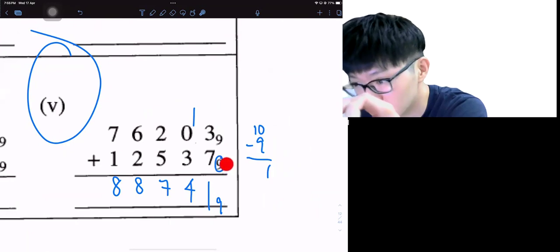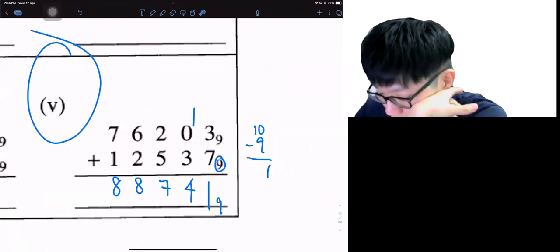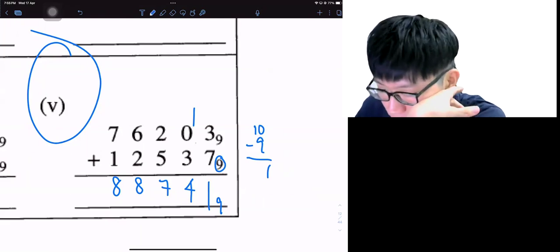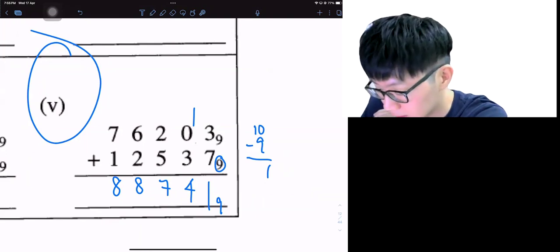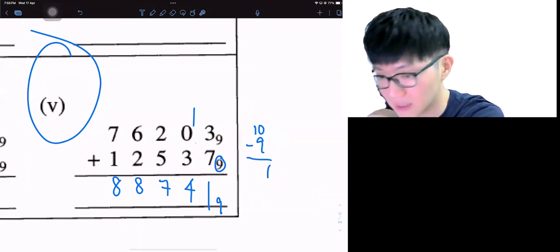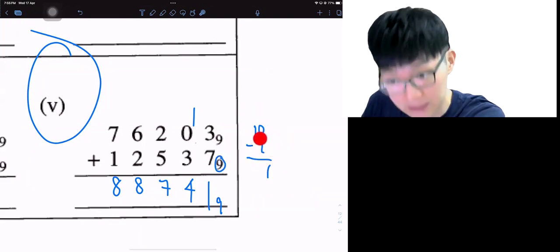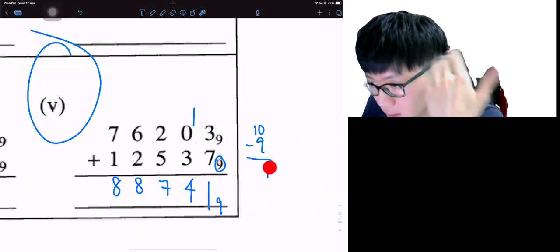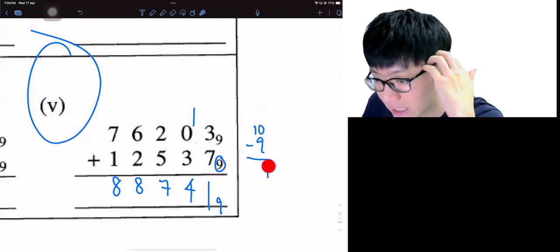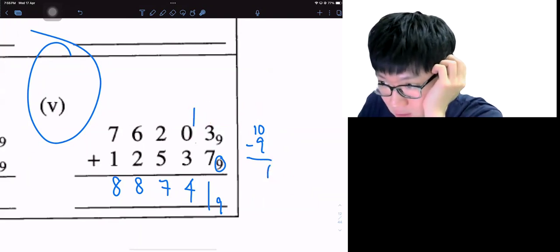So if you count your fingers, you should know that you reach 11. It depends which method you prefer. If you don't want to count your fingers, another method you can try is this one. 3 plus 7 is 10, then you minus the 9, because base 9. 10 minus 9, the remainder is 1. But you have to understand that it exceeded 9. That's why you plus 1 to the front.